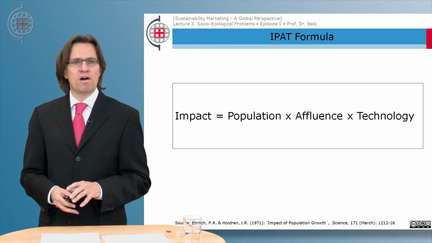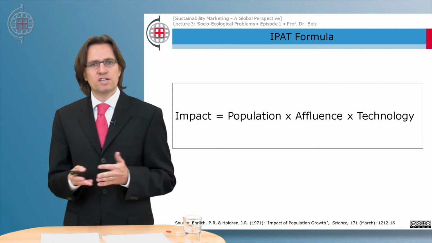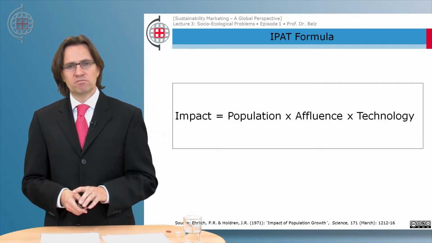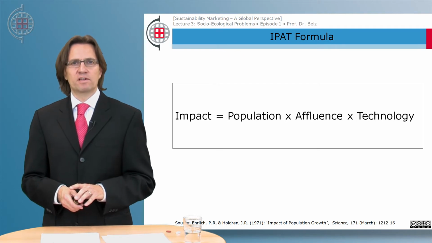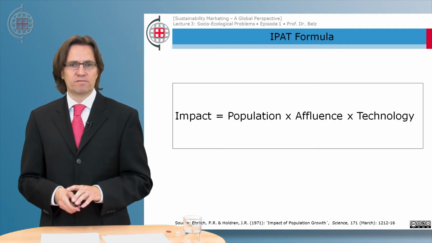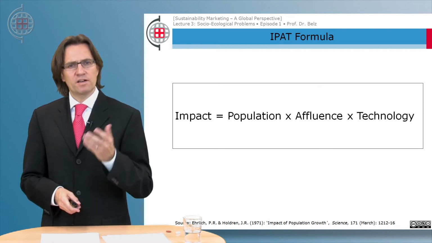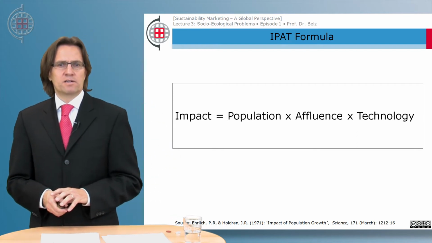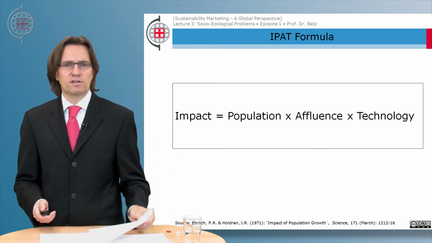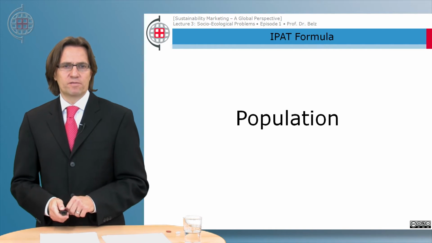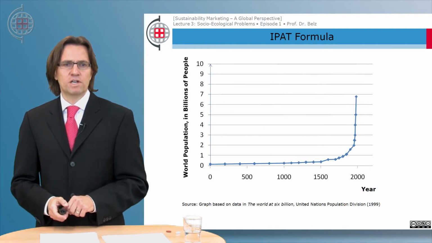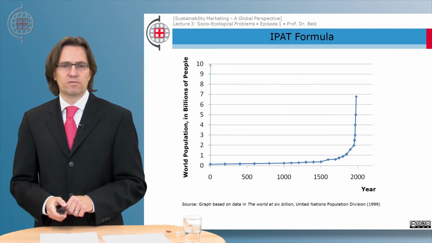IPAT stands for impact equals population times affluence times technology. What does it mean? What does the equation say? Let's have a look at the different factors. Let's start with population. Population means the world population.